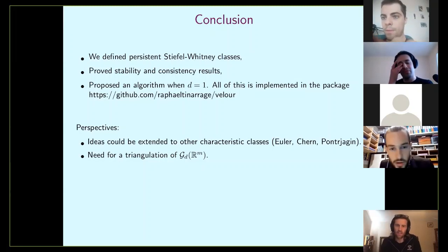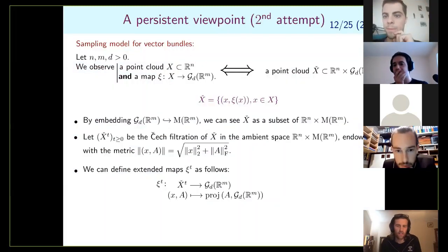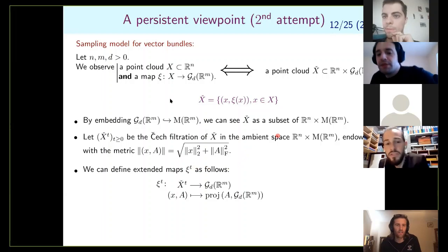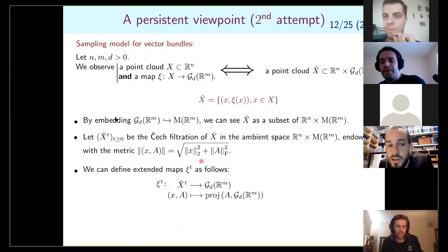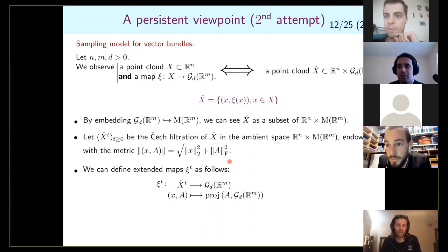So at some point you have to pick a norm on the product. Here, for instance, I took the Euclidean norm on Rn times the metric space. So the persistent Stiefel-Whitney class depends on this norm, but actually the persistent homology of the Čech filtration also depends on this norm. Certainly, yeah.